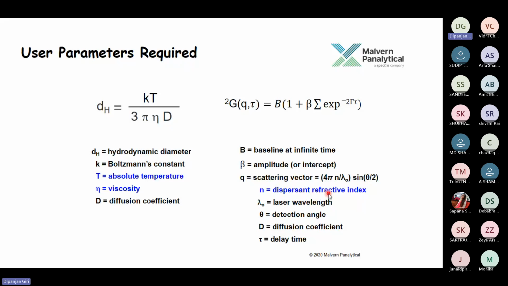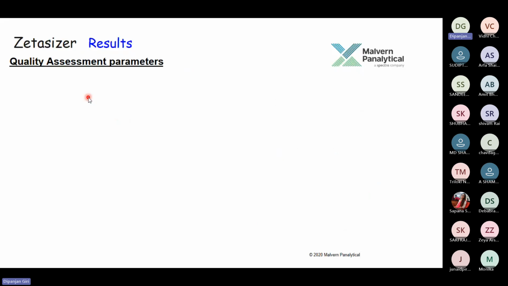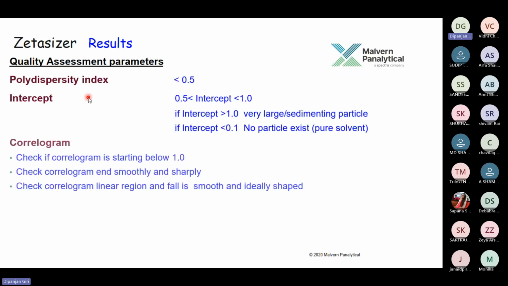It will calculate the D from these repetitions, and then D will be fed into the equation, and you will get the DL. So this is how the instrument is calculating the hydrodynamic diameter.